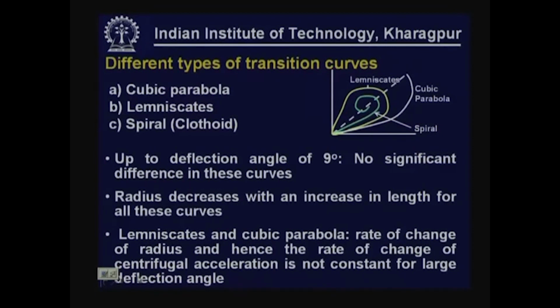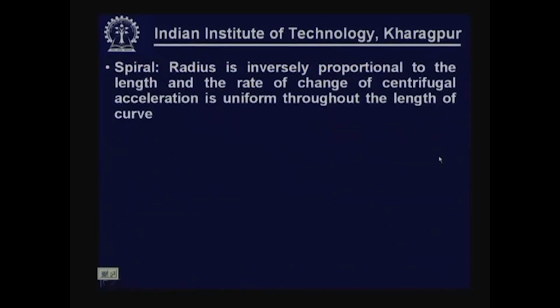However, for the third type, or type C, that is the spiral, radius is inversely proportional to the length, and therefore the rate of change of centrifugal acceleration is uniform throughout the length of the curve. This is the property of the spiral.